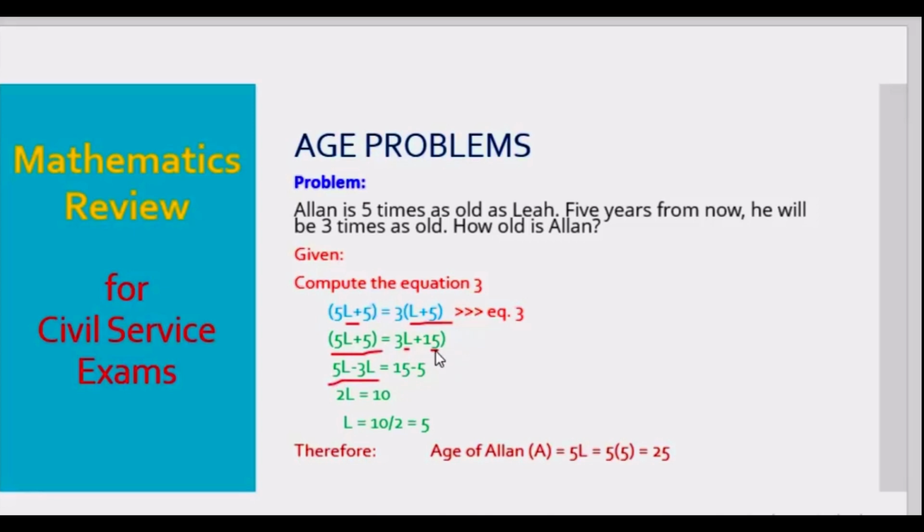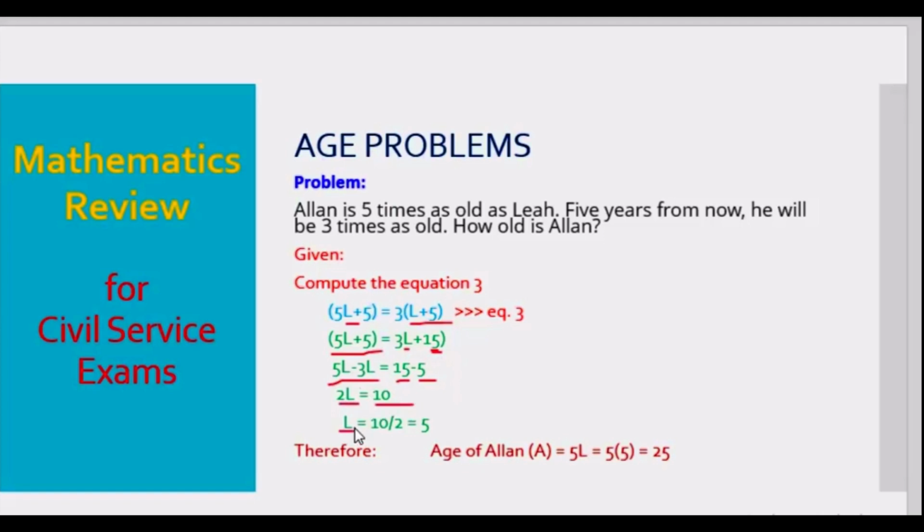So the 15 here, we write it below. And the 5 here on the left, we subtract it on the right, because this is what we call combining similar terms. So 5L minus 3L equals 2L, which equals 10.